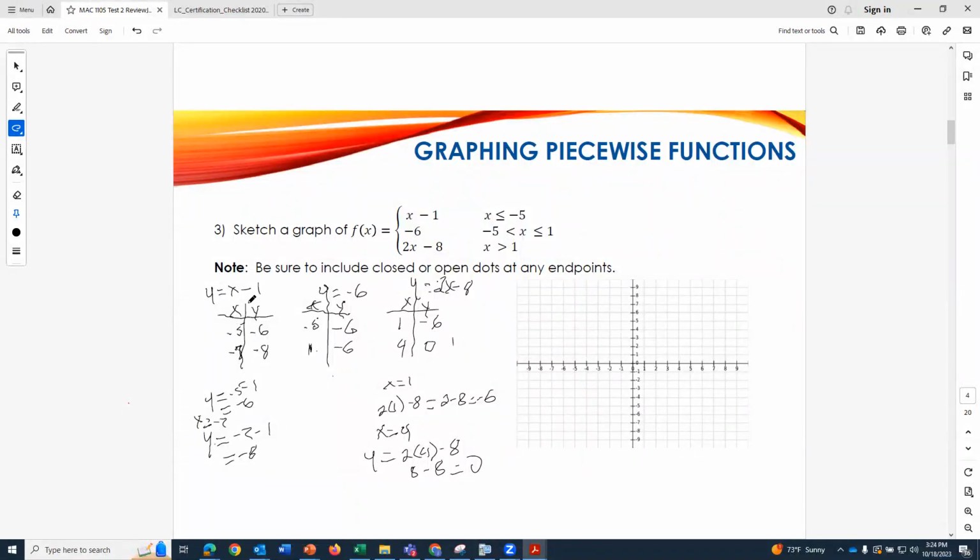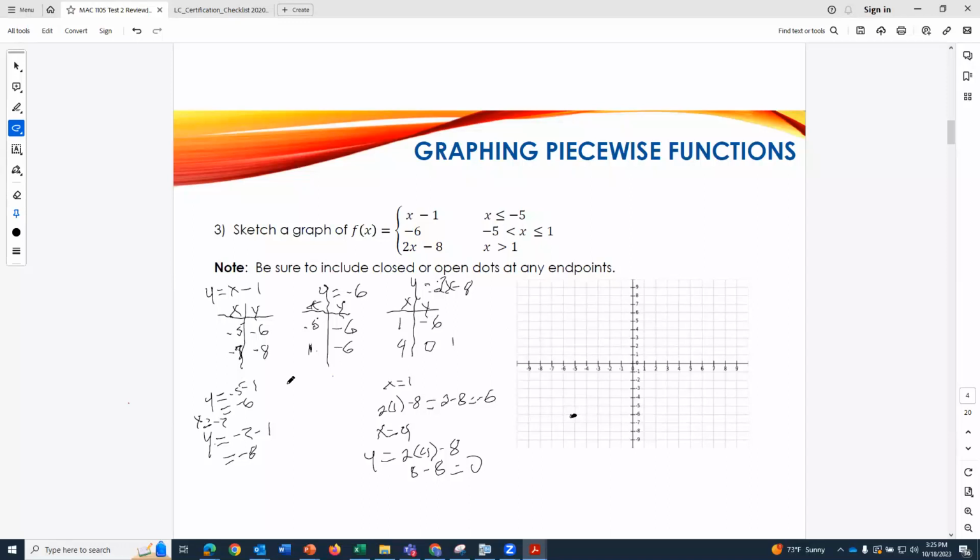Let's start with the first one. And it's -5 over here. And when x is -5, y is -6. And the first point is -5, -6 over here. And this is a dot, a closed circle, because we have less than or equal.